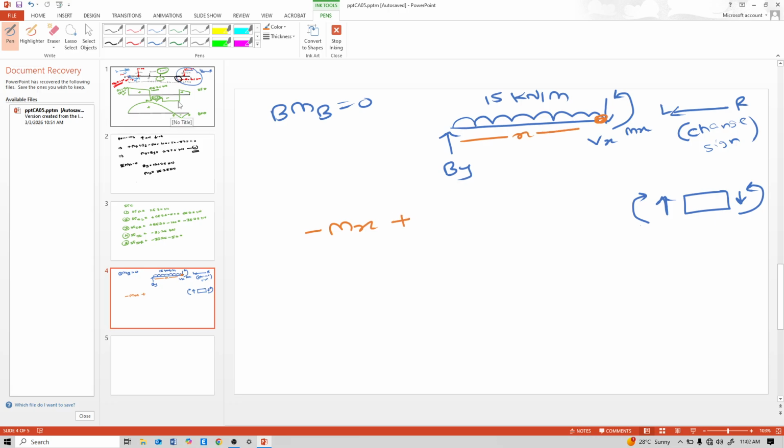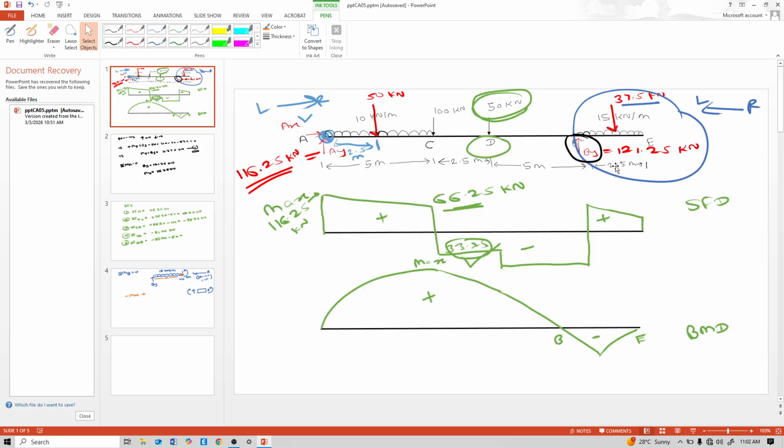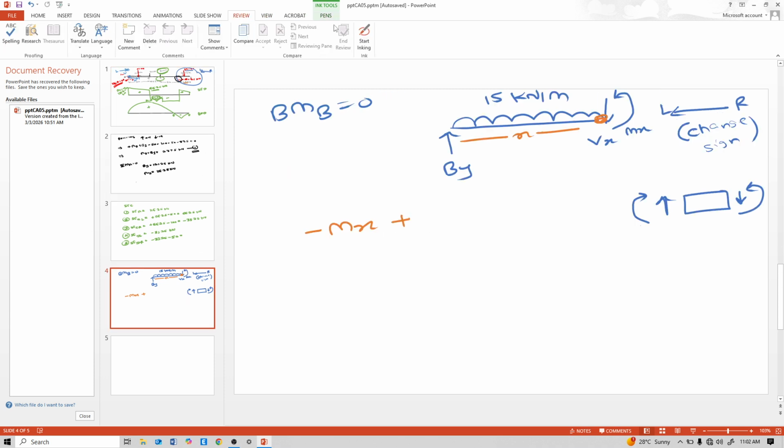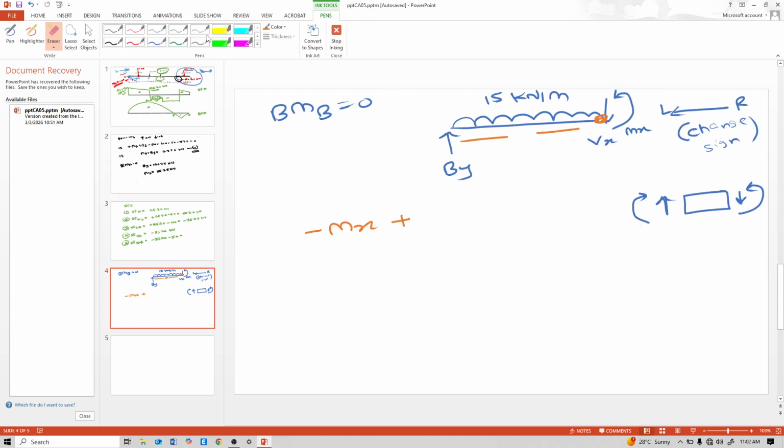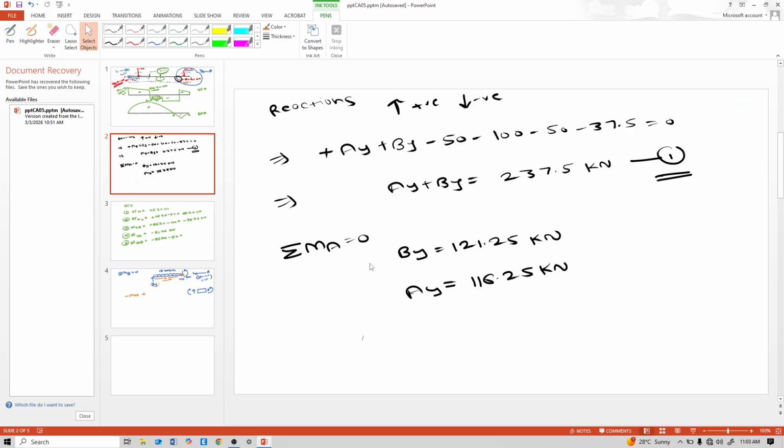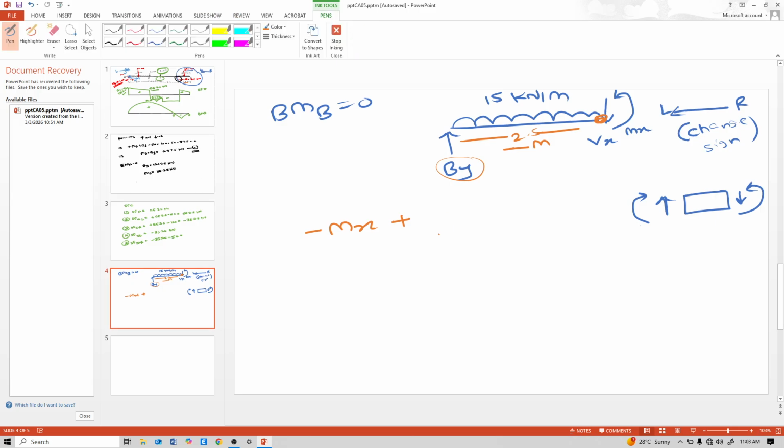Now, we know this distance, right? We know this distance is 2.5 meter. So write directly this distance. Don't write x. 2.5 meter. So BY into 2.5 meter, and BY is 121.25. 121.25 into 2.5 meter. Again, this 50 kilonewton per meter is anti-clockwise to that point.